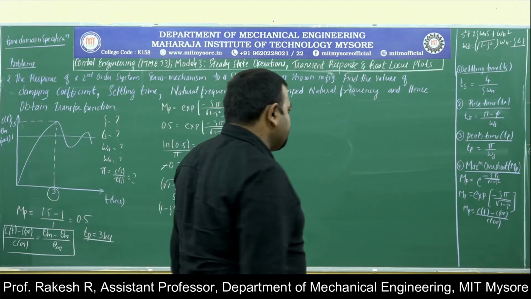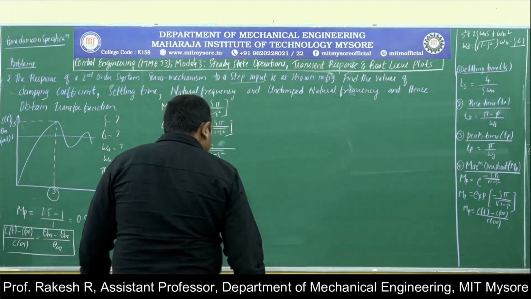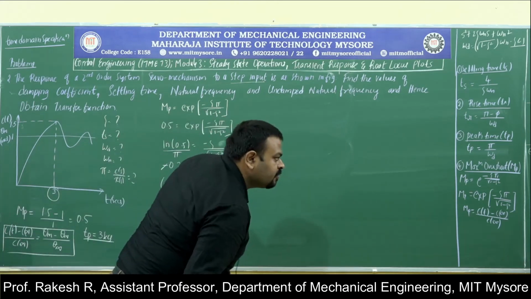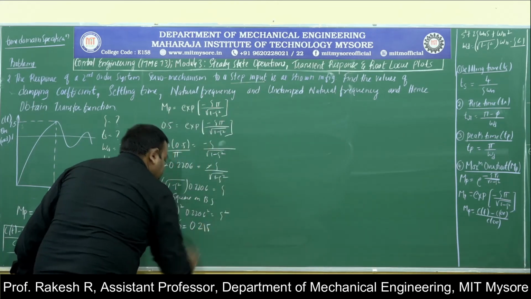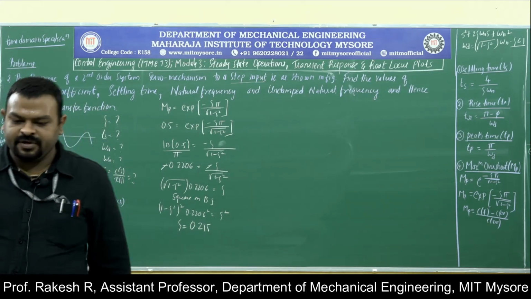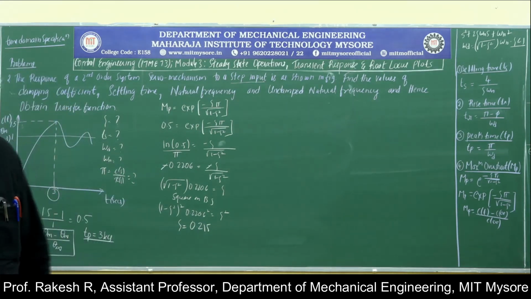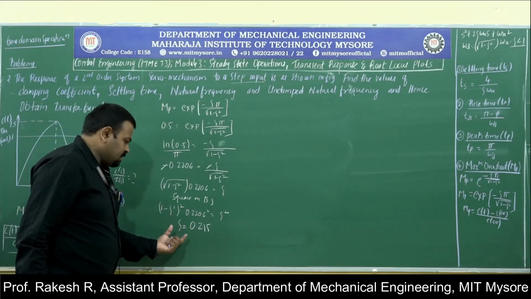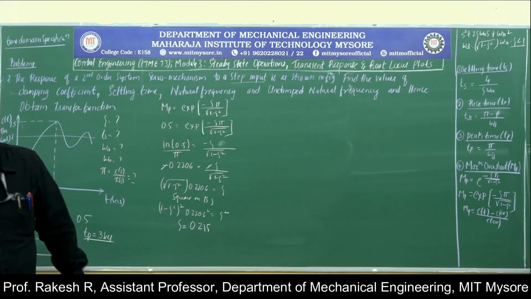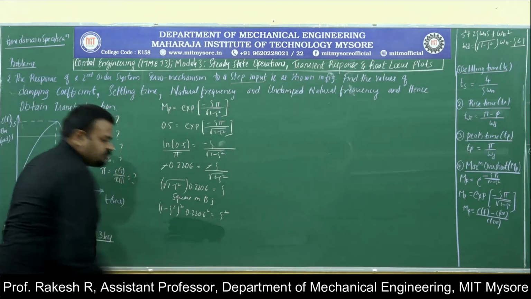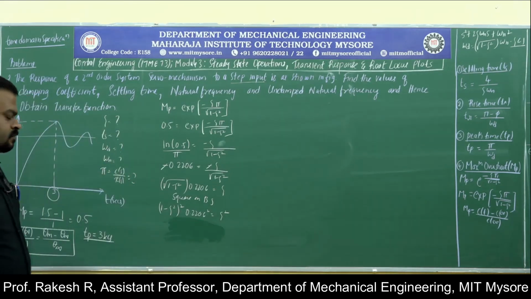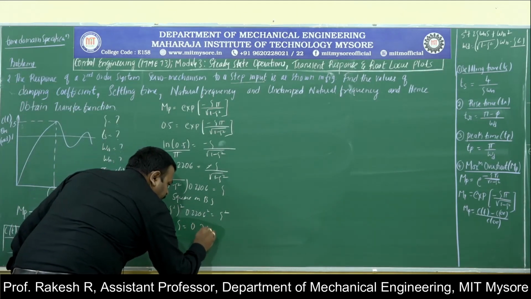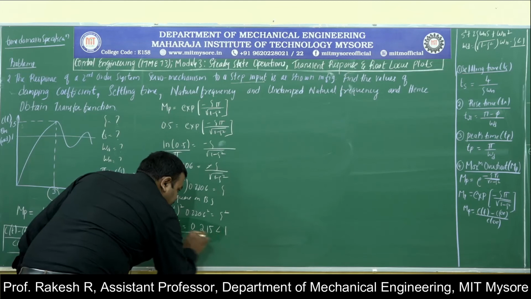The value of zeta is calculated and found to be around 0.215, which is less than 1.